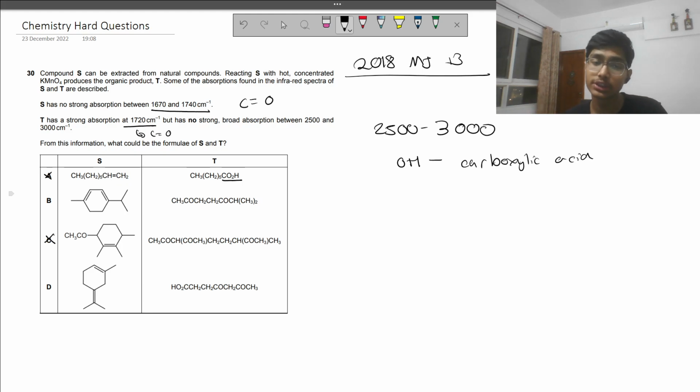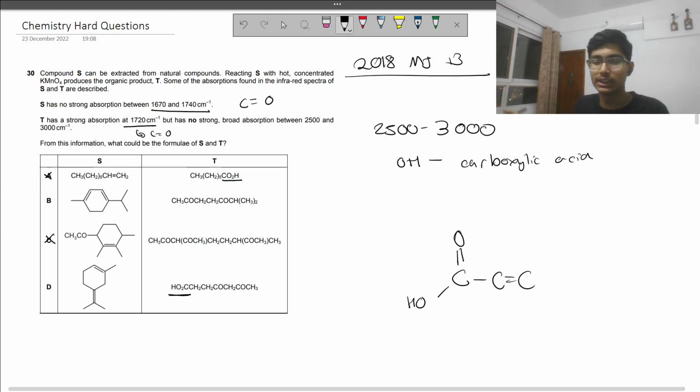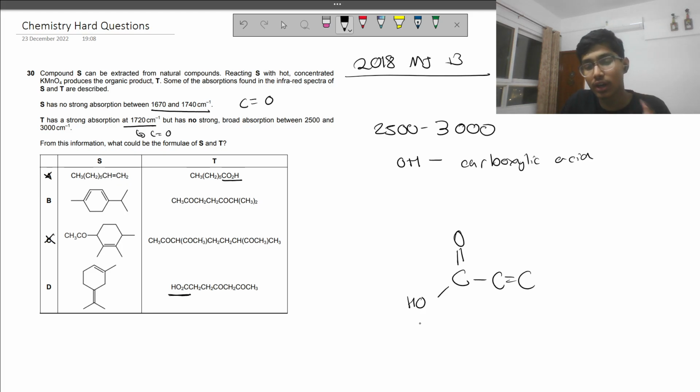Now what most students don't notice or have trouble with is that they think, oh, there's no carboxylic group here. However, this is wrong. This part is a carboxylic group. If you draw it out, you start writing the formula from left to right.